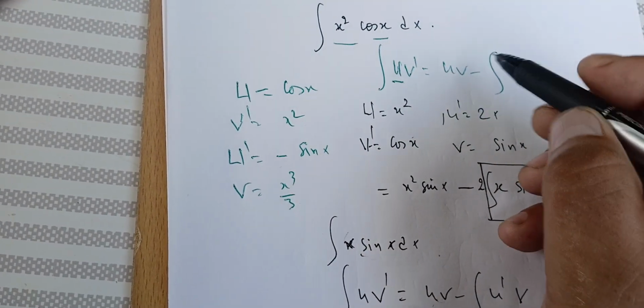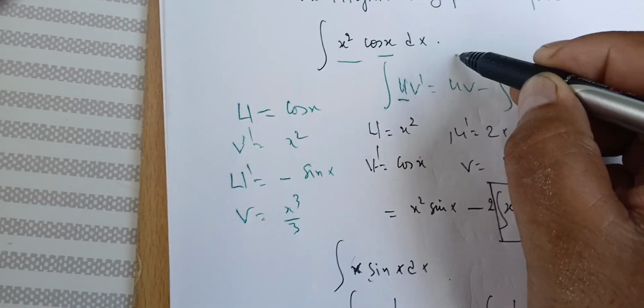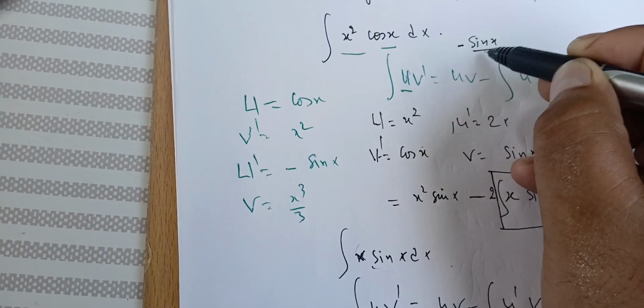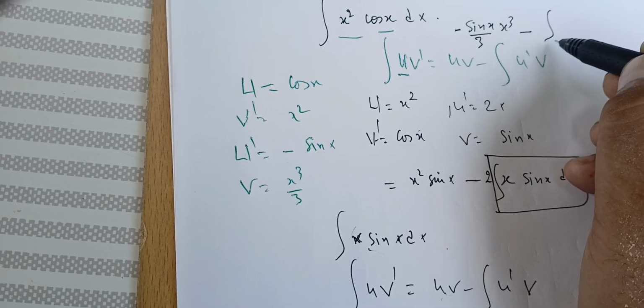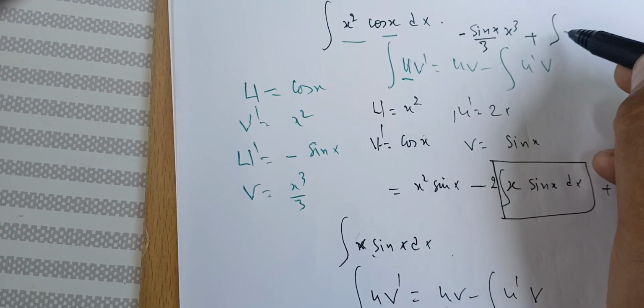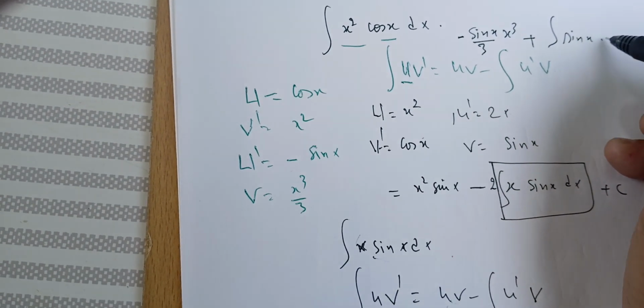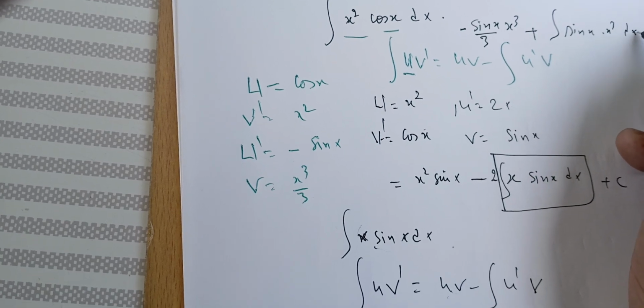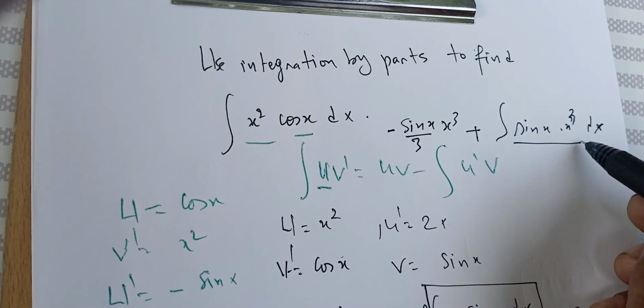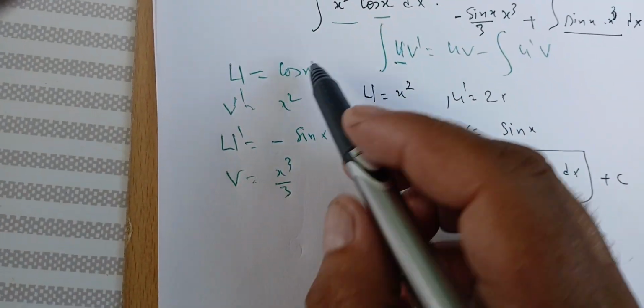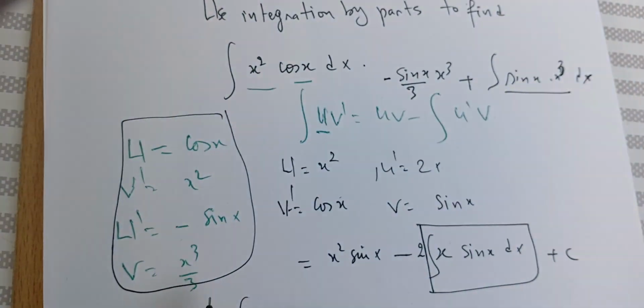It's going to get me minus sine x over 3 times x cubed minus, with this minus here, it's going to be plus sine x times x cubed dx. And the powers, they're going to keep getting bigger and bigger. And therefore, if I choose this option here, I'm not going to solve the problem.